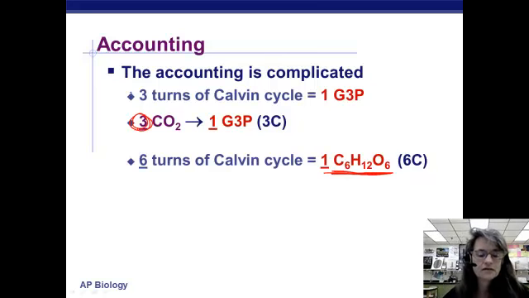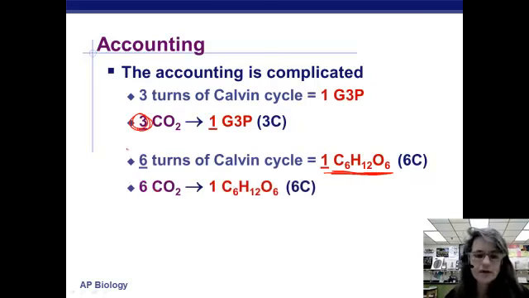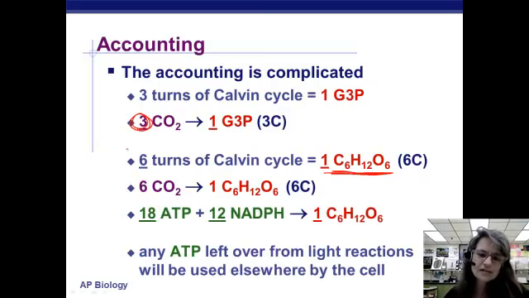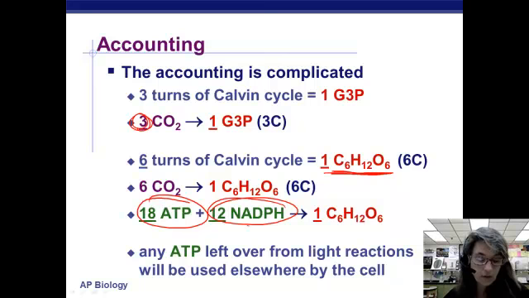So we've got to do a doubling of all the numbers we saw back in that diagram to make 1 glucose molecule. I don't think anybody's going to ask you about this. The bottom line is it takes a whole lot of ATP and a whole lot of NADPH to make 1 glucose molecule.